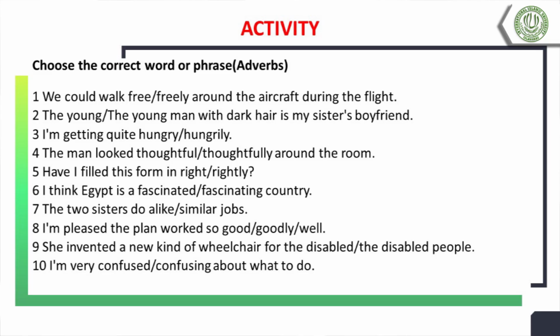The example is, we could walk freely around the aircraft during the flight. So, we will choose the adverb out of those two words. We could walk freely because walk is an action that is signified with freely.